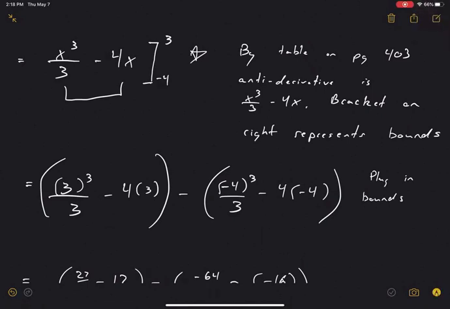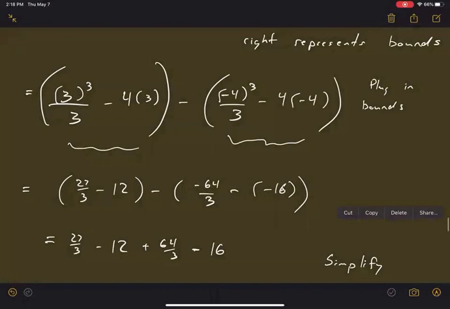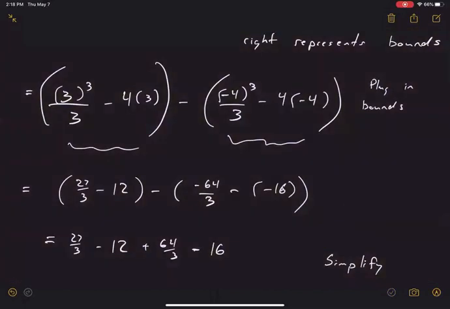Then I subtract what I get when I plug in a. So this is what I get when I plug in a, and I subtract this from this. And the rest is just simplifying, okay? It's maybe not always easy, but it's pretty straightforward. So I'll leave it as 27 over 3 for now, minus 12, minus -64 over 3, minus -16.